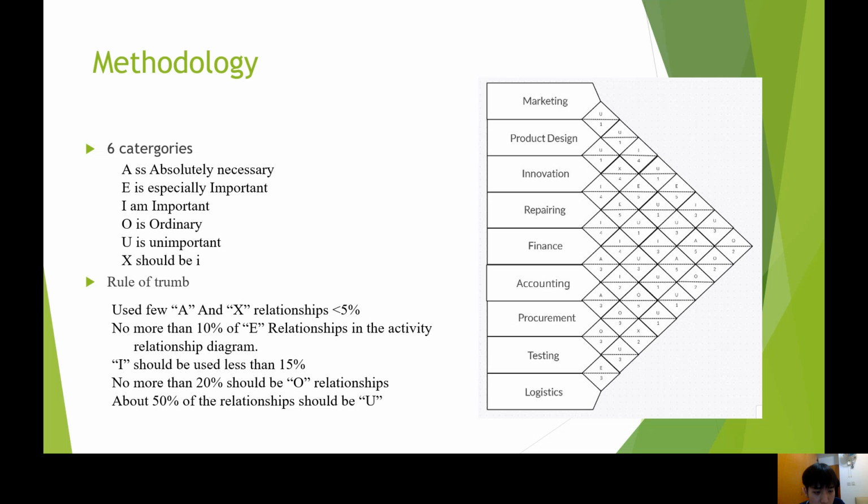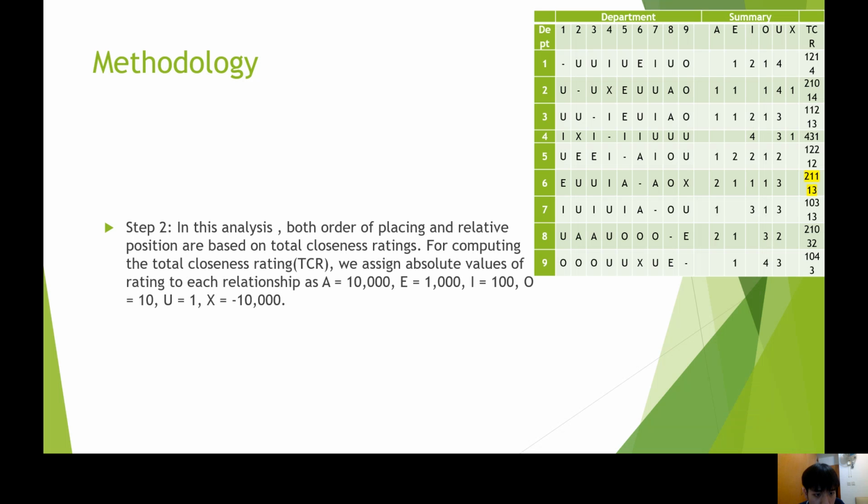And firstly, we should separate the relationships into 5 categories, namely AEIOU, in which A is the highest relationship density, and X is the least likely relationship within each department. And next step, we should place the departments by assuming absolute values.